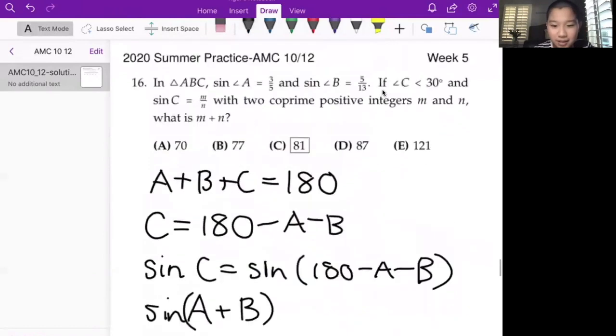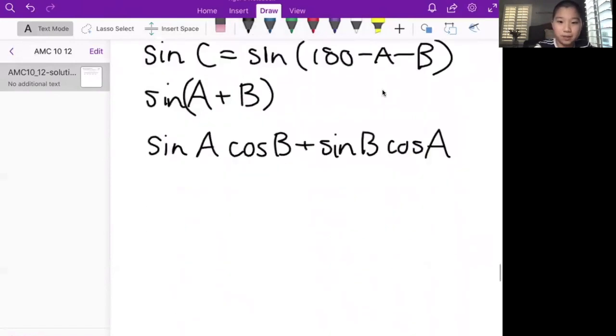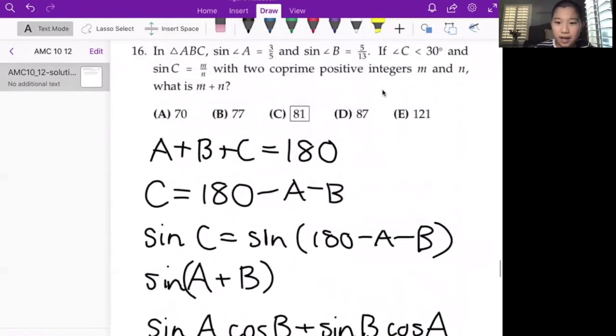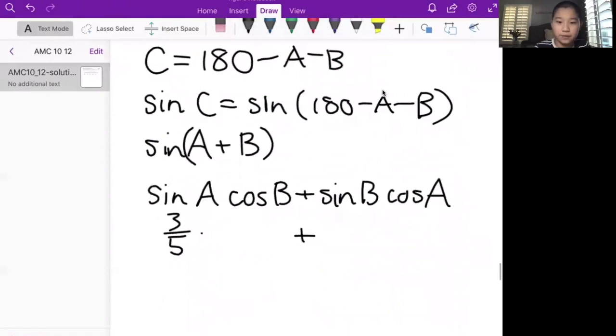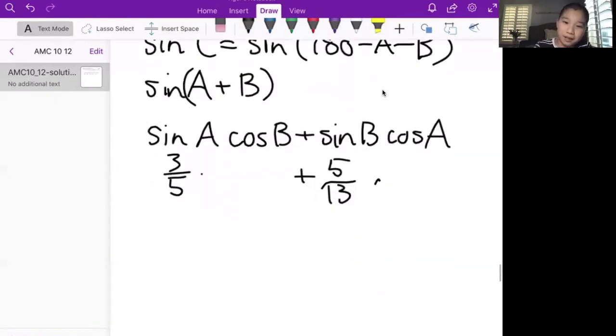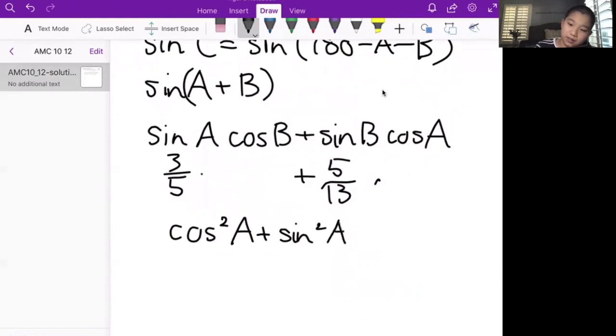So we know that sine A is equal to 3/5. And then we know that sine of B is equal to 5/13. So what are cosine A and cosine B? So using the Pythagorean identity, you'll get cosine A squared plus sine A squared equals 1.